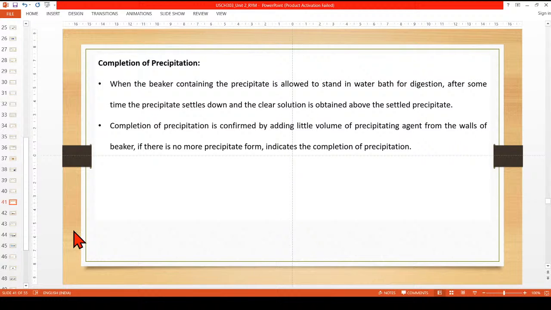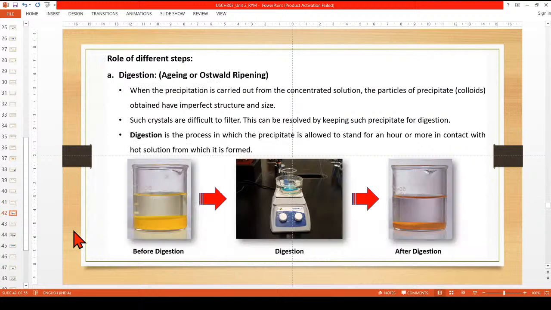So on that supernatant solution, from the side of your beaker, just add a few drops, and if there is no change on that top layer, if you don't observe formation of precipitate there, then precipitation is completed. So this is just a test whether to continue adding precipitating agent or not.